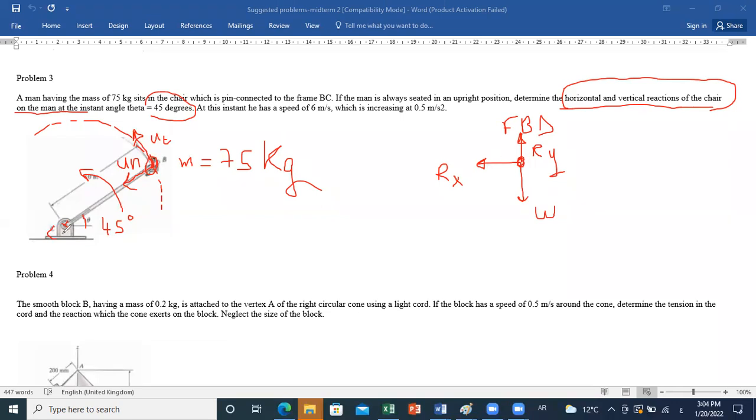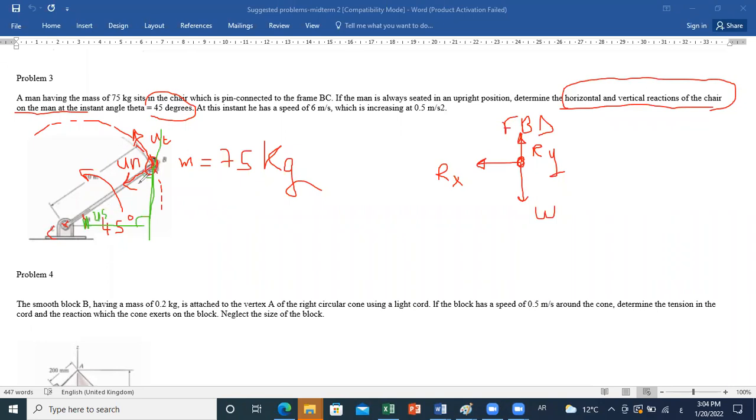Since this angle is 45 degrees, when you draw the vertical direction, since this is 90 and this is 45, the angle here also will be 45.